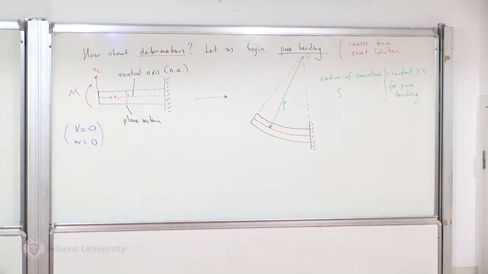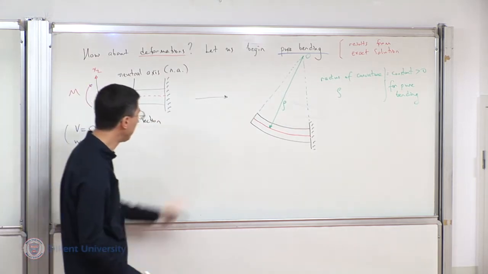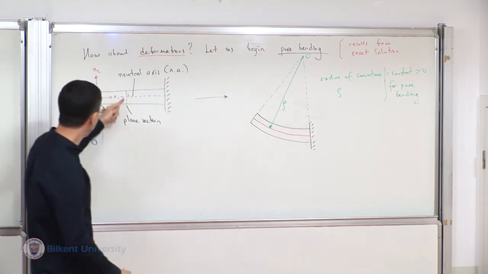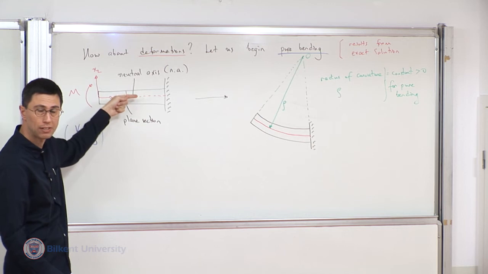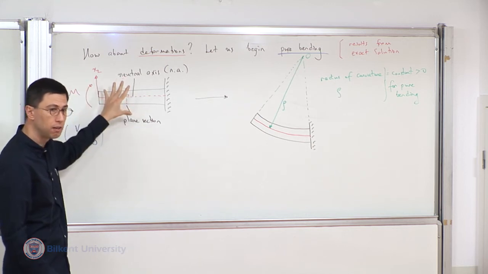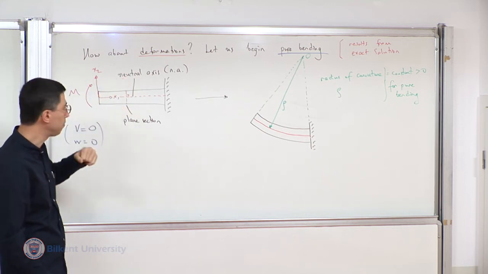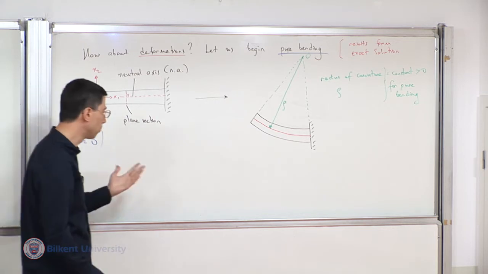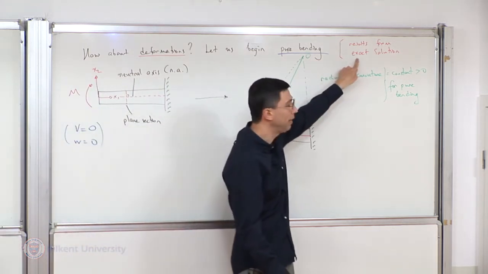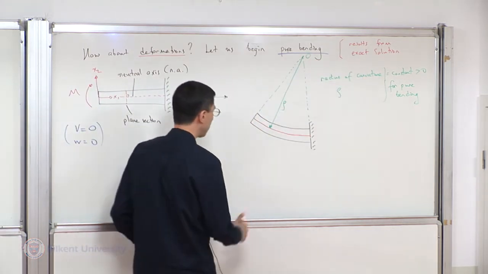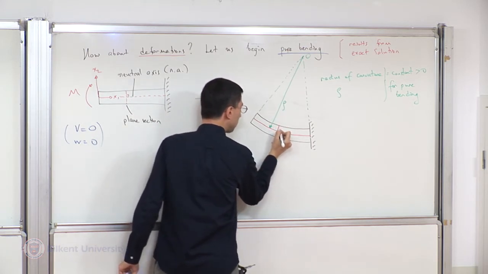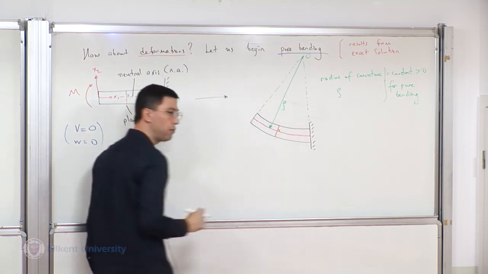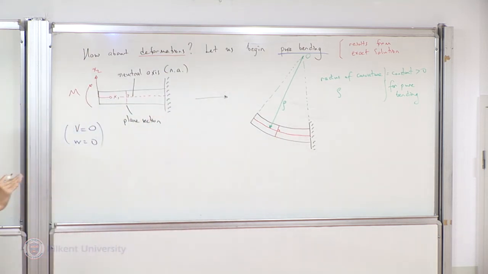Now, there's something more, something also special about pure bending. This is the neutral axis. And initially, I've taken a plane section that is perpendicular to the neutral axis. Under pure bending, even the classical beam theory is consistent with the exact result. So if you go ahead and solve for the exact result, you will see that plane sections remain plane. And after deformation, they remain perpendicular to the neutral axis. Okay?